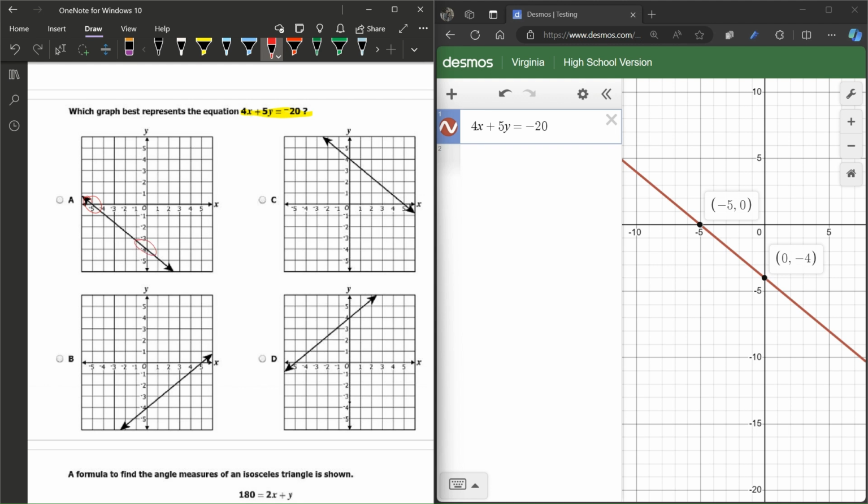In this particular problem, all the other lines don't really look similar. And this one, if you weren't paying attention, you could select C by accident, but to be sure, just pay attention to the x-intercept and the y-intercept, and you should be fine.